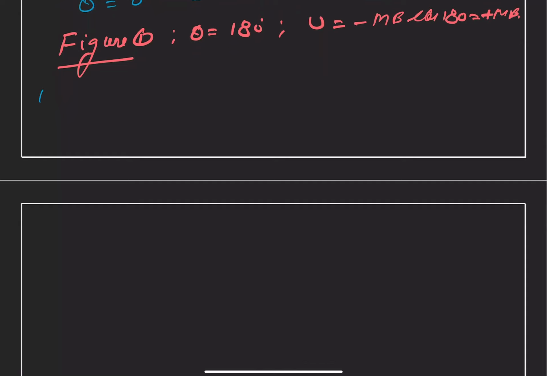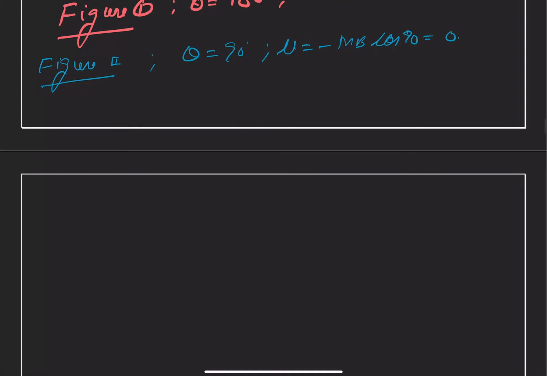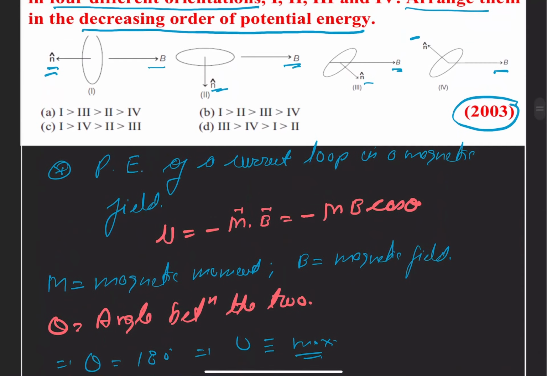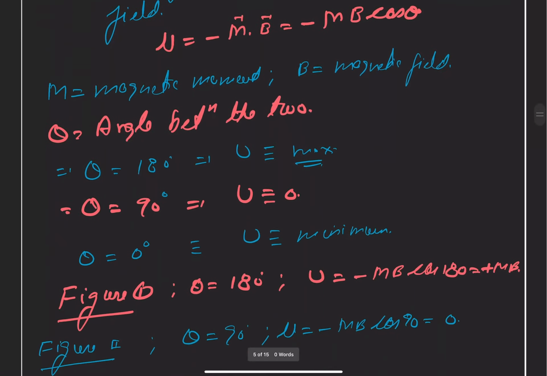In figure 2, we have theta as 90. So this energy will be minus mB cos 90, so this will come as 0. Now we come to figure 3.